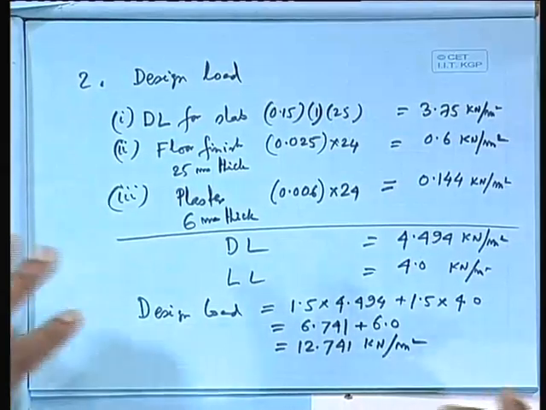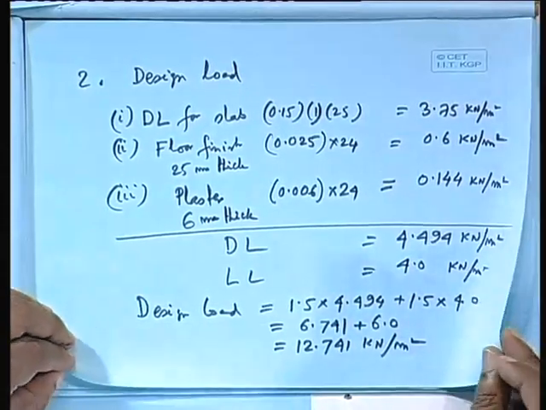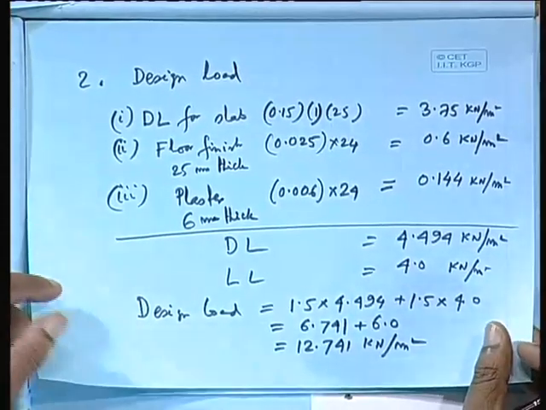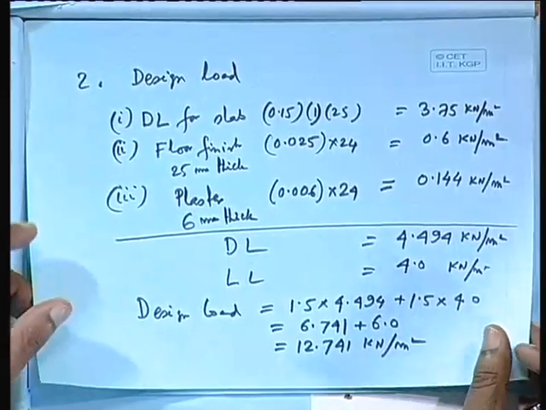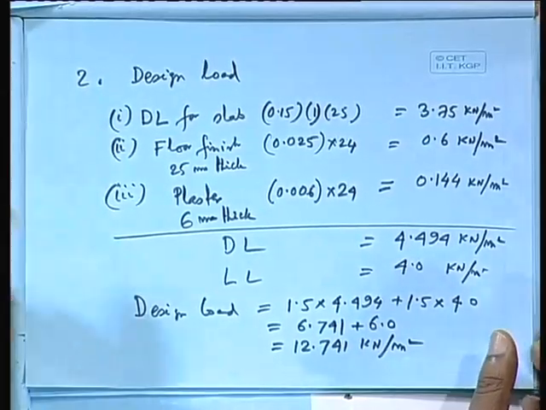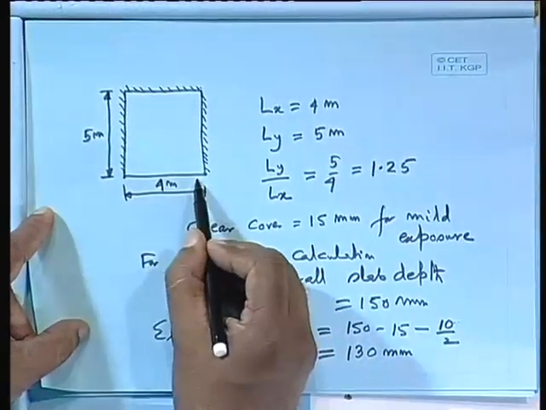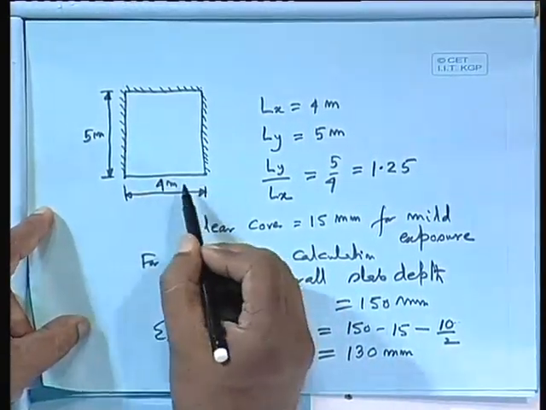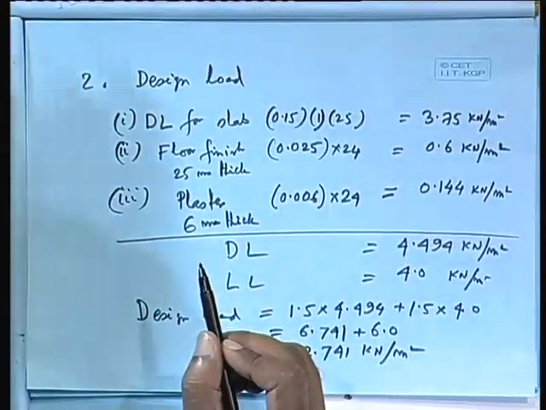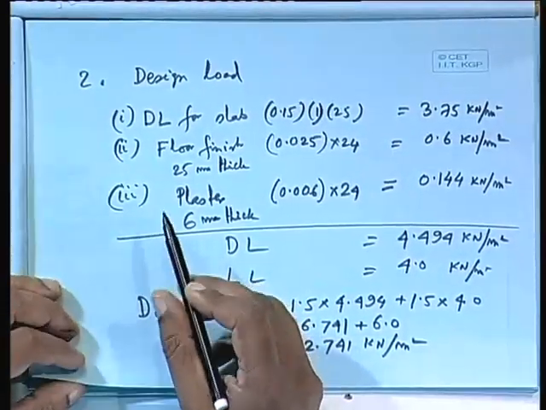What about your type of slab? That is your type of slab according to table 26. According to table 26, we are taking that shorter edge is discontinuous. So in table 26, if you go, you will find that it is case 2.